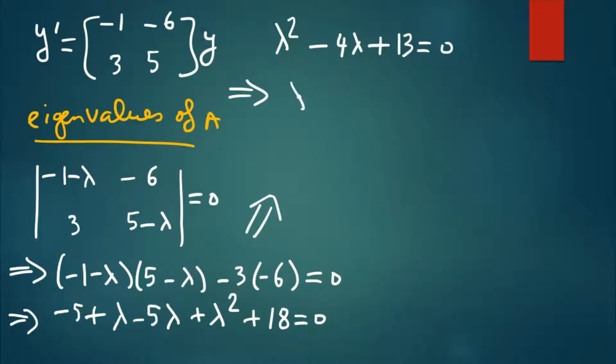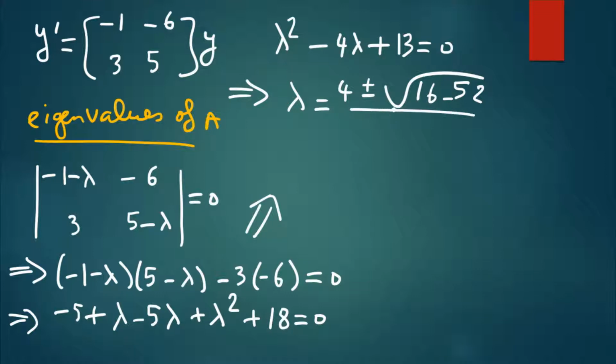We use the quadratic formula, minus b plus or minus the root of b squared minus 4ac, over 2a. Here b is -4, so that's 4 plus or minus the root of 16 minus 4 times 13 times 1, that's 52, over 2 times a, 2 times 1.